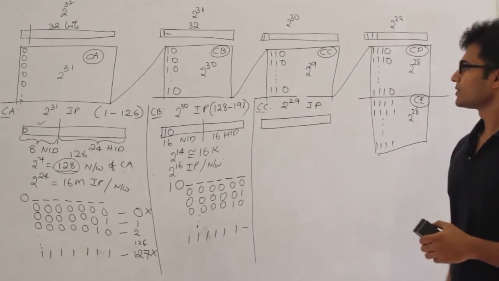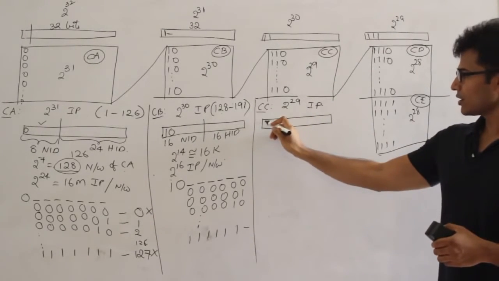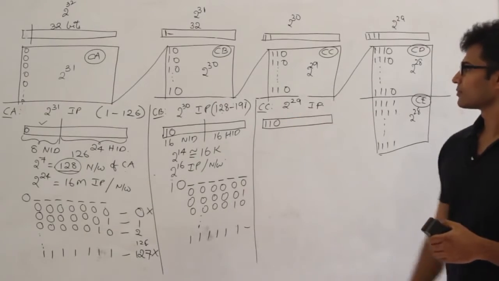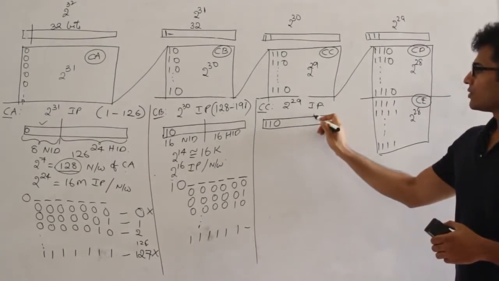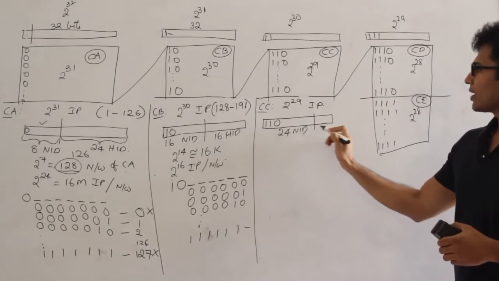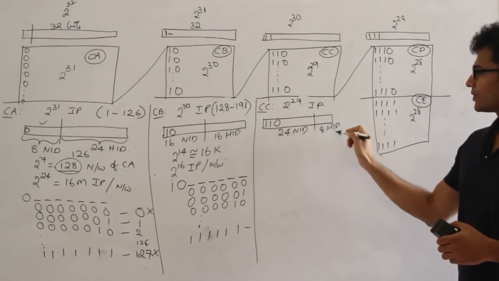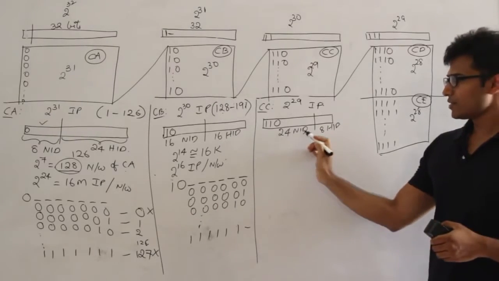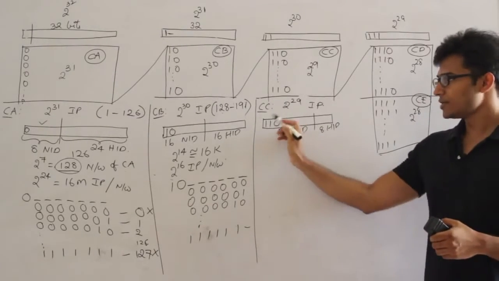We have 32 bits, and in the 32 bits they start with 110, right? They divide it into 24 bits of network ID and 8 bits of host ID. With 24 bits of network ID, already 3 bits are fixed.